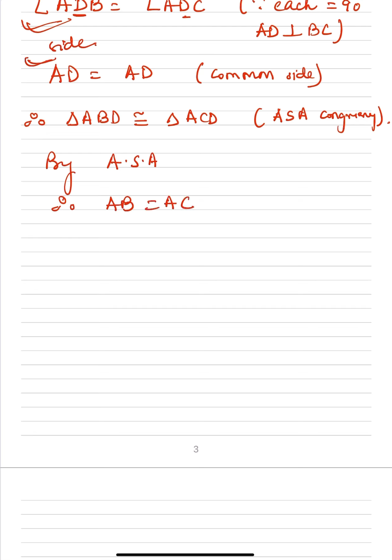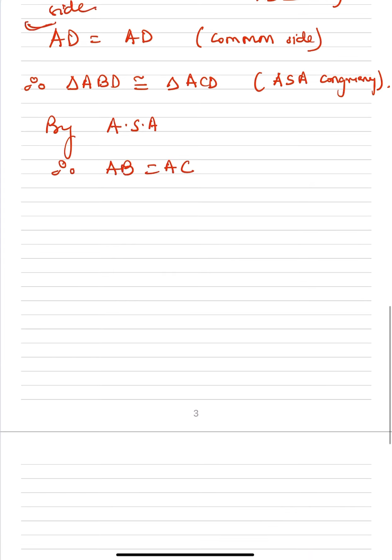Why? Because sides opposite to equal angles are equal in the triangle. They are sides opposite to equal angles, in a congruent triangle.